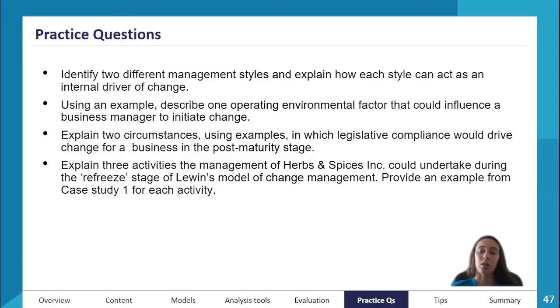So you could talk here about, for example, competitors, and they could influence a manager to initiate change because they've introduced these innovative new products, and you need to make sure that you're keeping up with them to retain your market share and not lose out on profits.